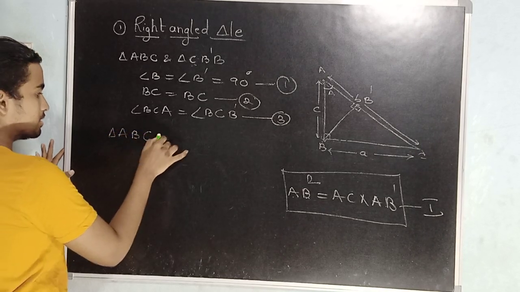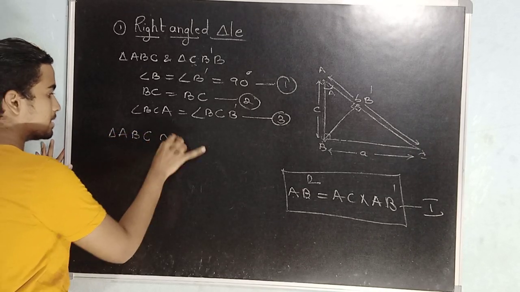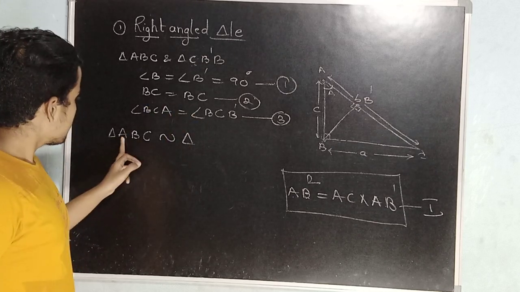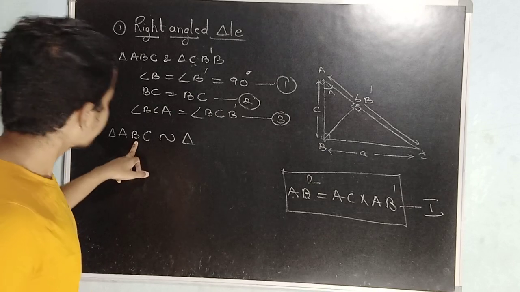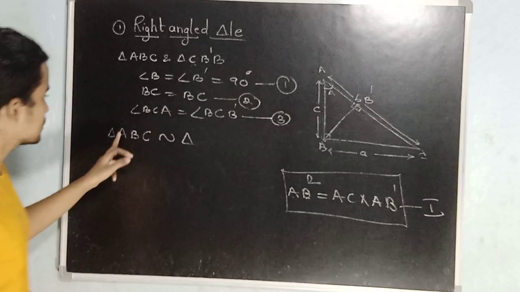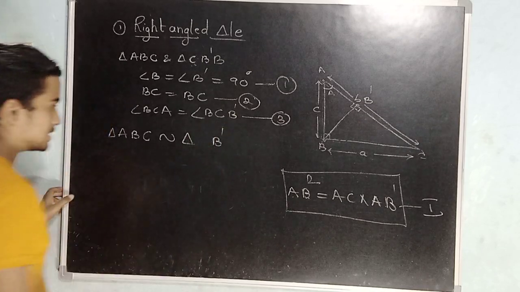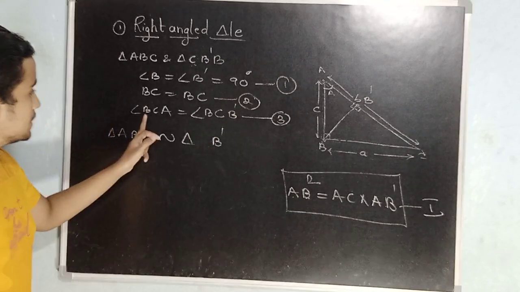By similarity property, we can say that triangle ABC is similar to triangle B dash BC. First of all, angle B is nothing but B dash. First thing, BCA.